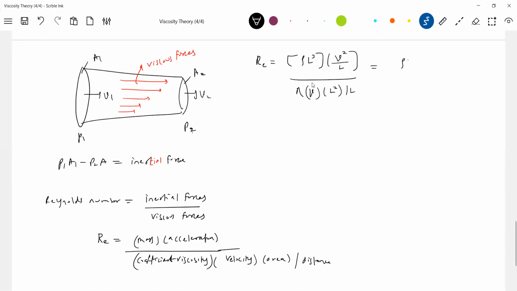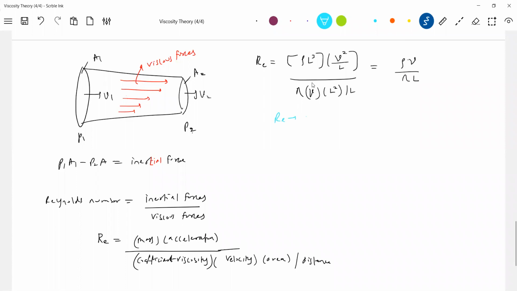Rho, one V gets cancelled. V is speed, V means velocity here. Then the other quantities will come: rho V, eta, and one L will end up here. V is the speed of liquid. Let's define all these terms because this is very important.